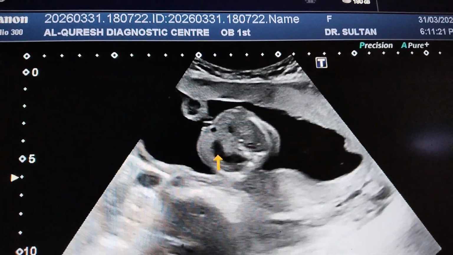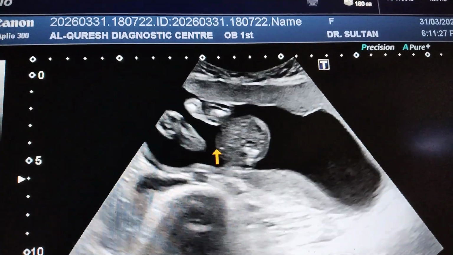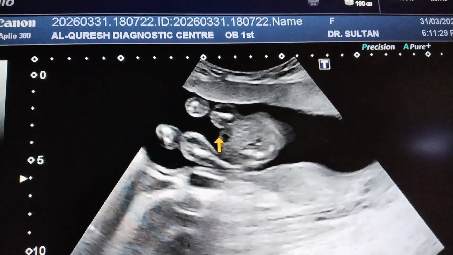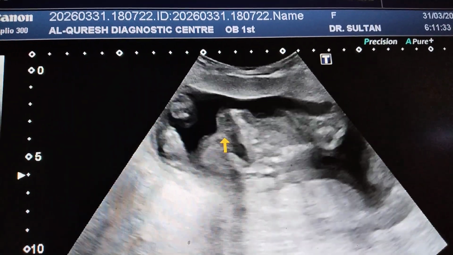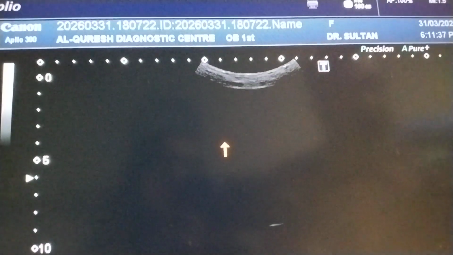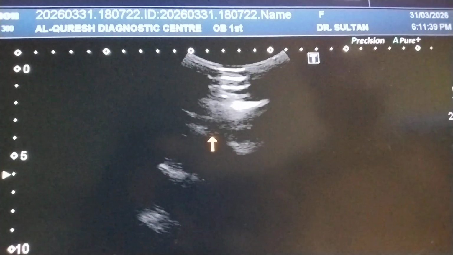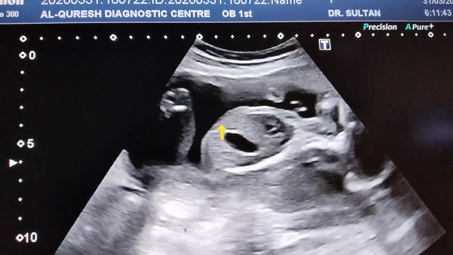So it is not extending to the fetal abdomen, but it extends toward the pelvic region. So let's figure out from where this cystic lesion is arising.